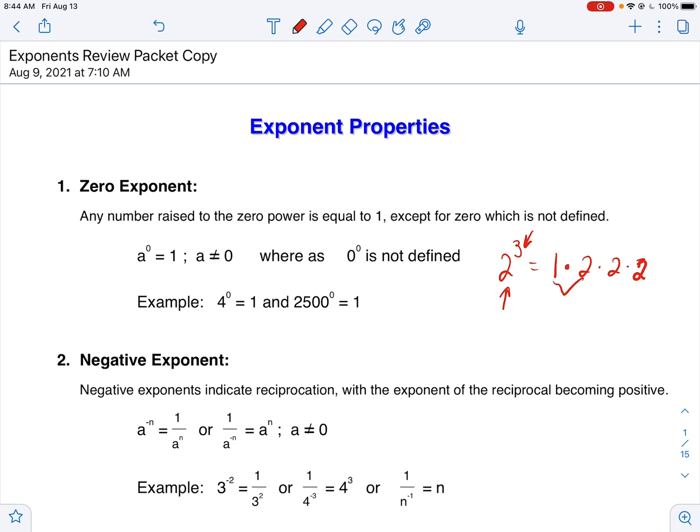So 1 times 2 would be 2, times 2 would be 4, times 2 would be 8. Okay? So if you take 2 to the 0, you're doing 1 times no 2's, which would just be 1. So 4 to the 0 is 1, 2500 to the 0 is 1, a to the 0 is 1, giraffe to the 0 is 1. Anything with an exponent of 0 turns into a 1.